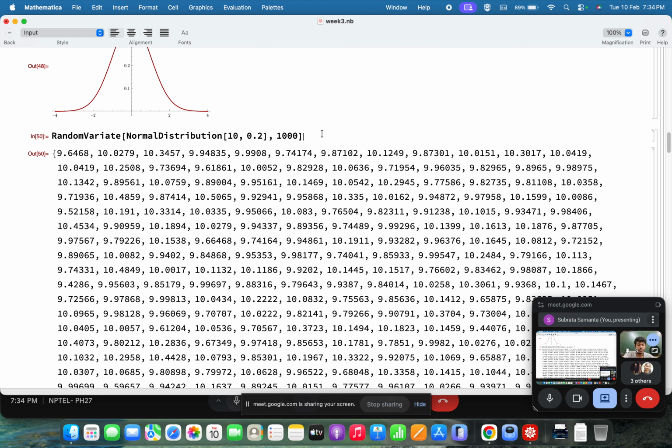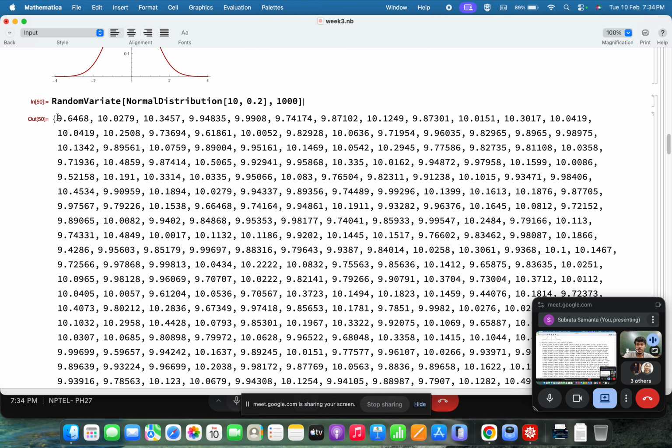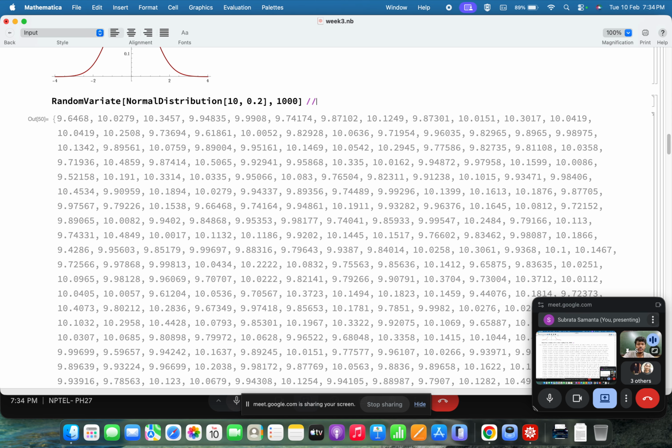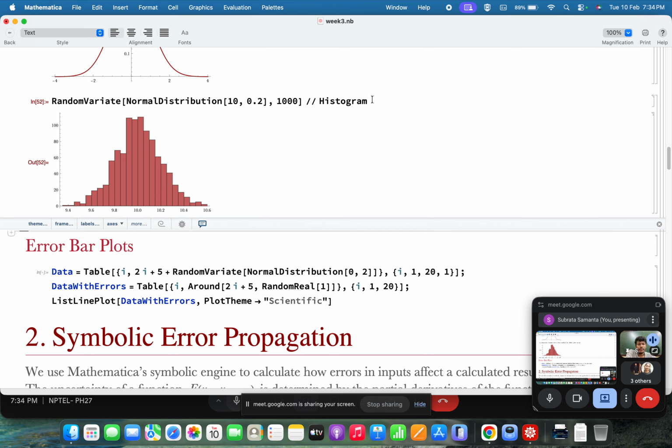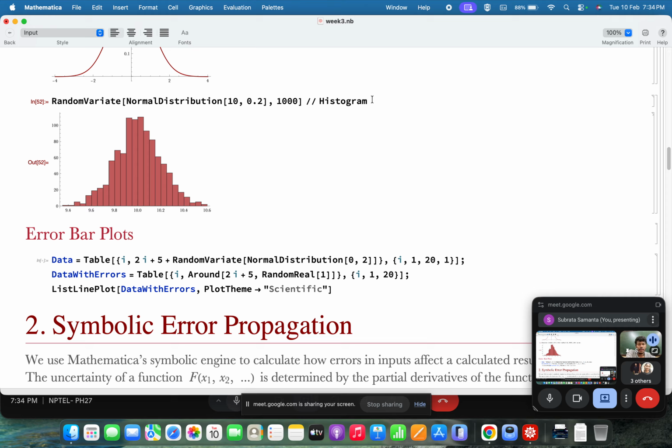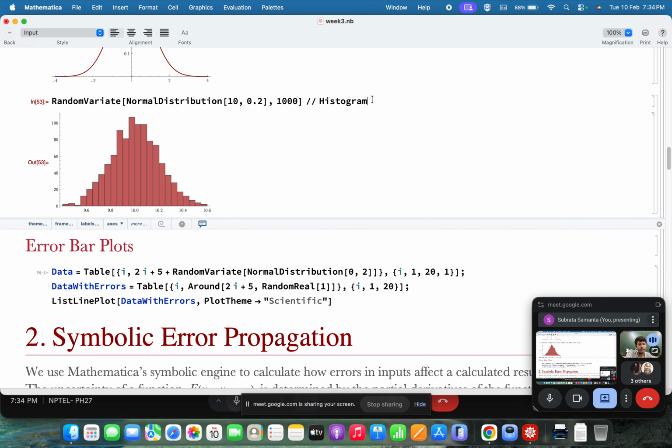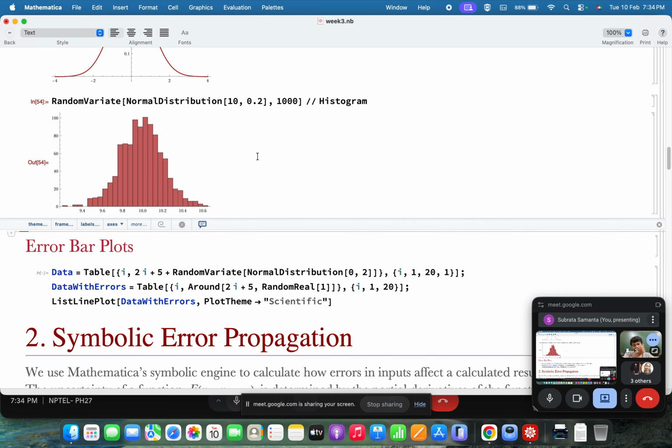You can always visualize this by making a histogram, that is the bin-wise thing. So, you can randomly generate. You can run this and get different things. Run again, again different. So, this is randomly generated, 1000 data points from these distributions.